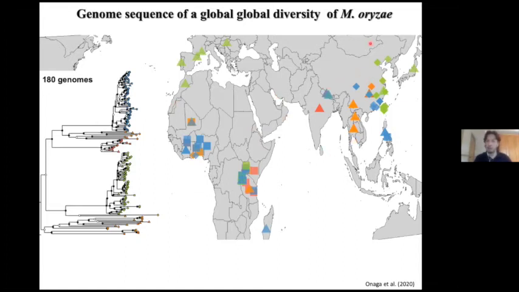But of course, we also use genomes from other publications. And just to give you a summary of the situation, blast originated in Southeast Asia, several hundred thousand years back. And just recently, in the last 100 years, it probably colonized Africa, probably through the seed system.